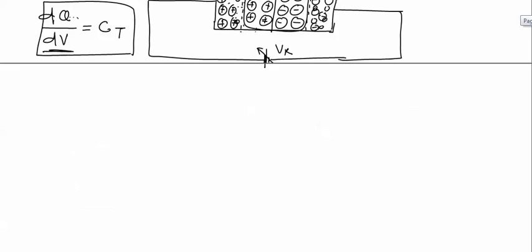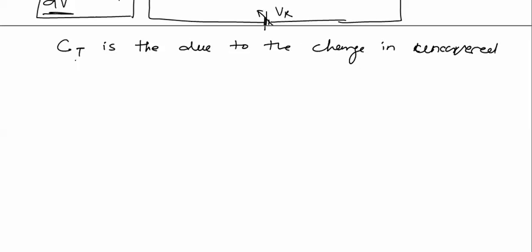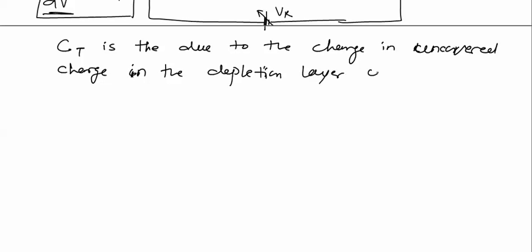I can define transition capacitance CT as due to the change in uncovered charge in the depletion layer with change in voltage.